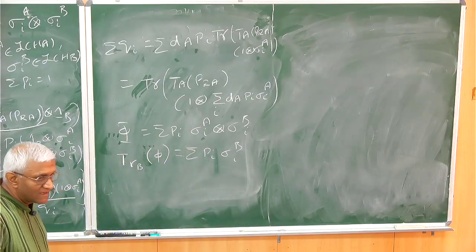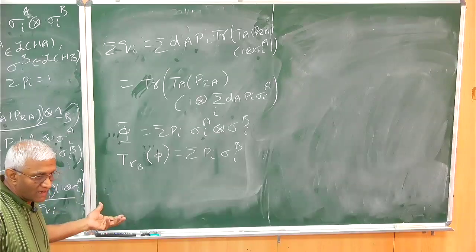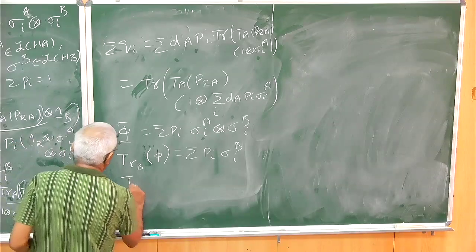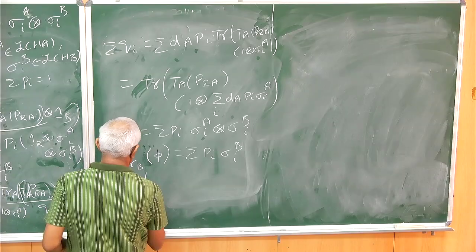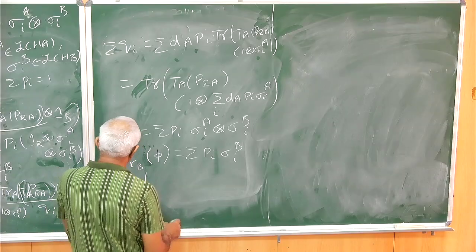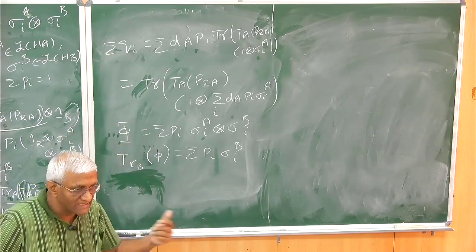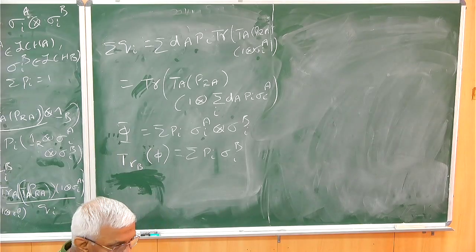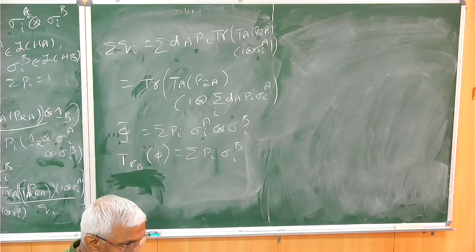On the other hand, if you take the partial trace of this Choi matrix, you get identity divided by dB. That's clear, no?